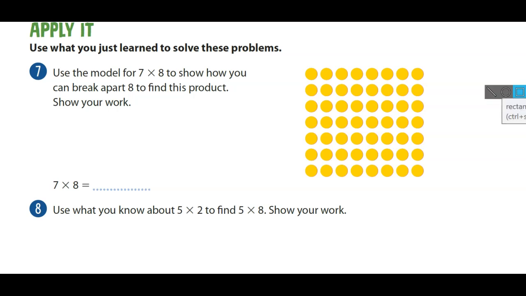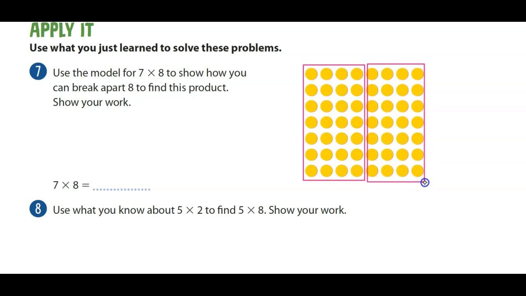Okay. So, in the lesson that we did yesterday, they broke it apart just 2 ways, right? Down the middle. So they did this. And then they did this. That's one way to do it. So we had 7 times 8 broken apart into two arrays. So now I have the first one right here. I have how many rows? 7.